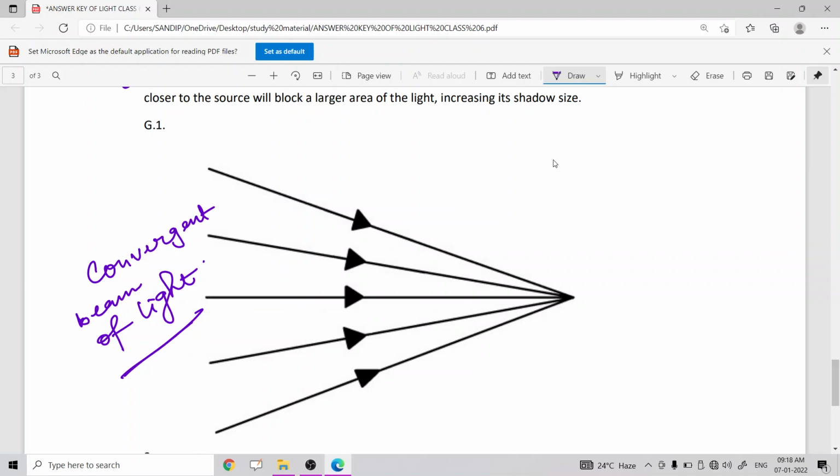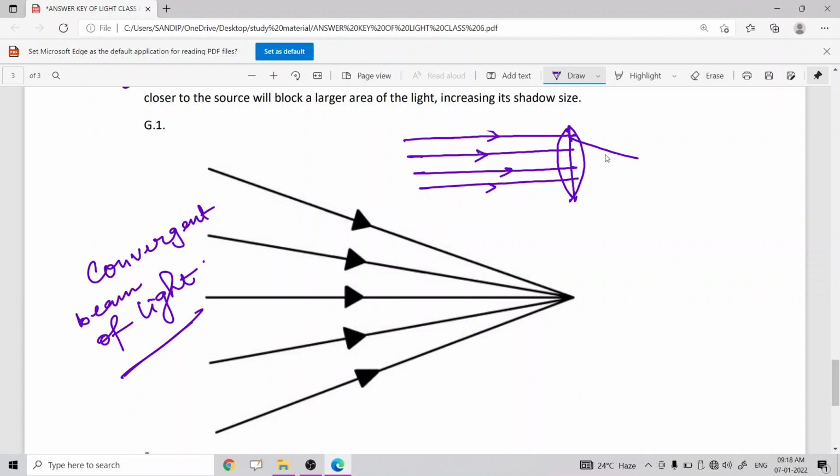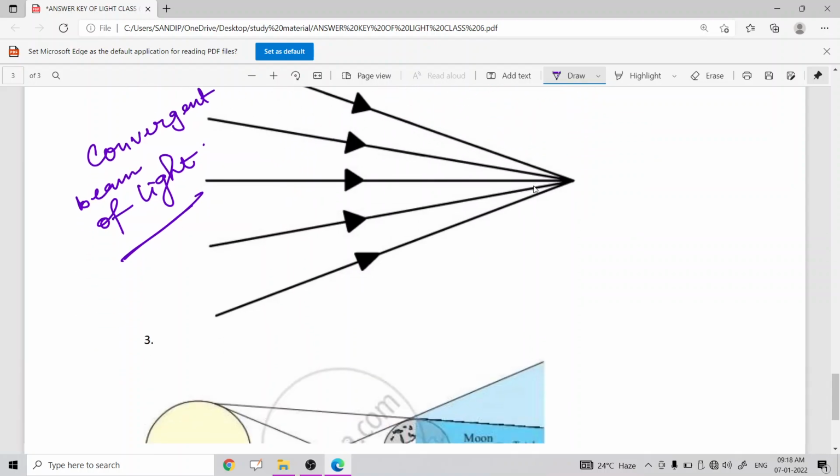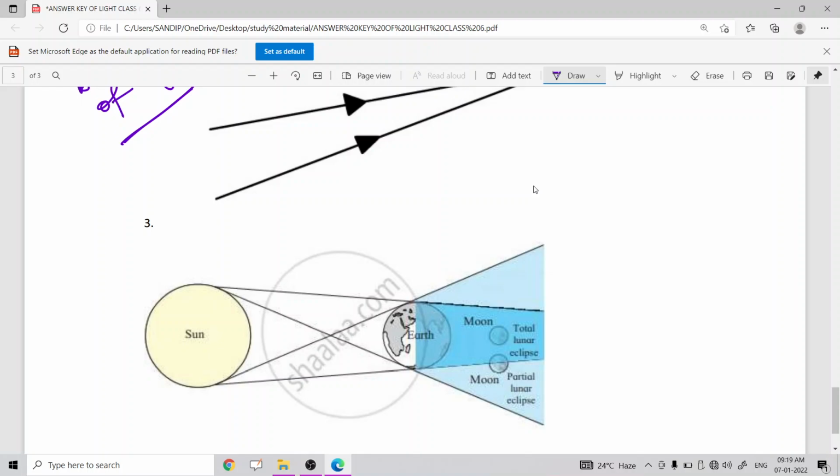Convex lens means this type of lens. If a parallel ray of light is incident on a convex lens, then after refraction we get a convergent beam, and the rays converge to a particular point.